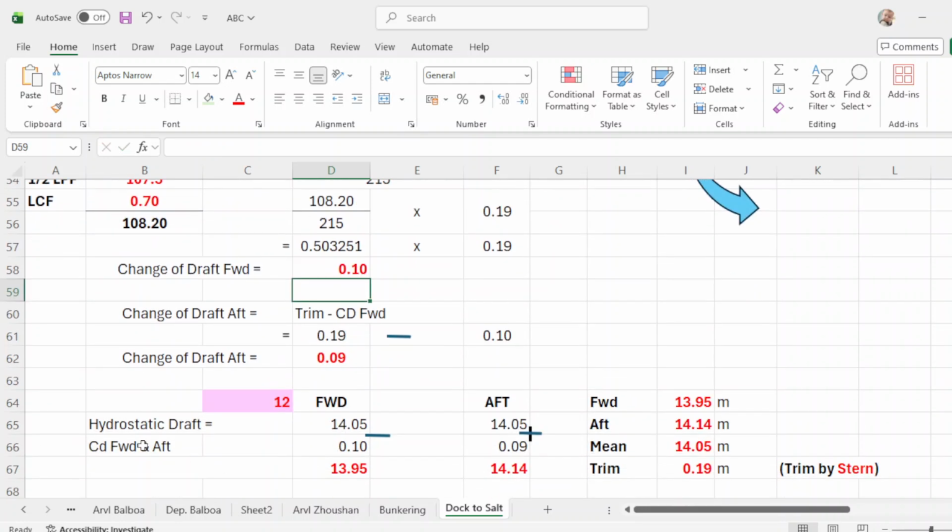Okay, to get the change of drop up will be trim, which is 0.19, minus your change of drop forward of 0.10. Your change of drop up will be 0.09.